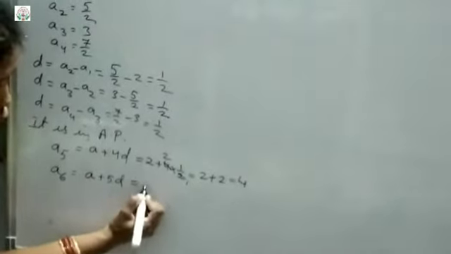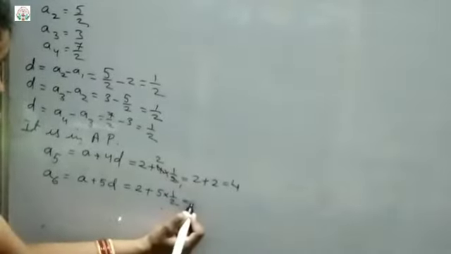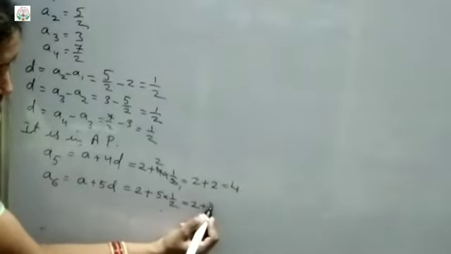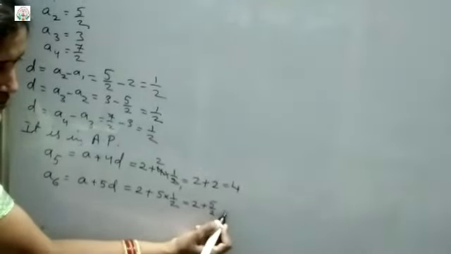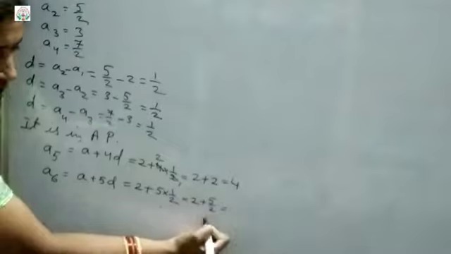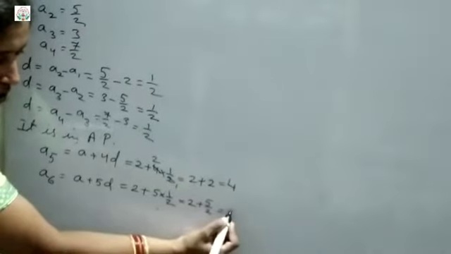Okay. Then the next one, that is the 6th term, will be A plus 5D, which is 2 plus 5 into 1 upon 2, which is 2 plus 5 upon 2. On taking LCM, you know that it is 9 upon 2.